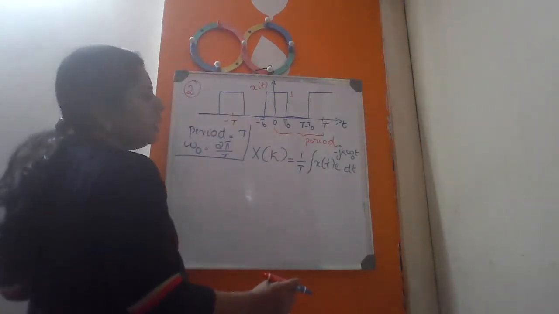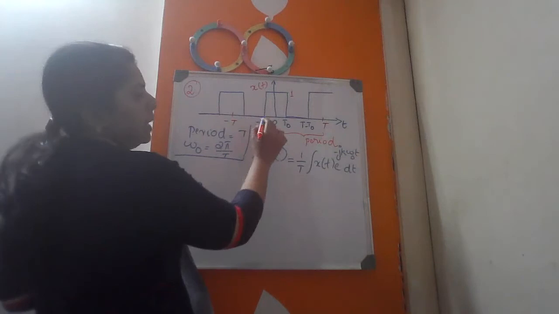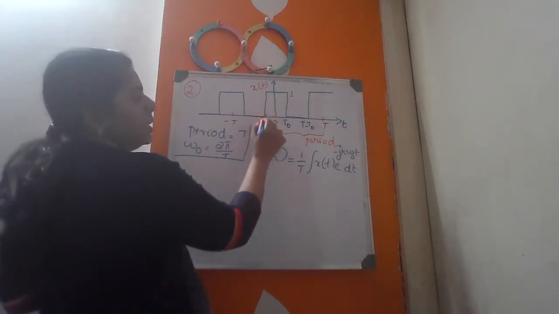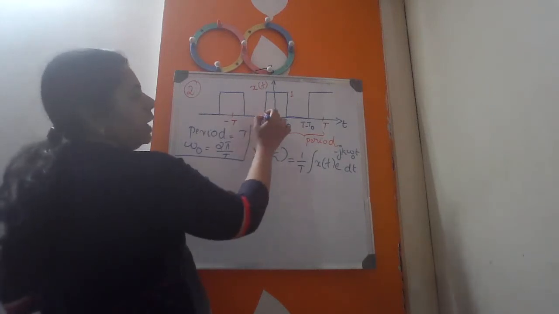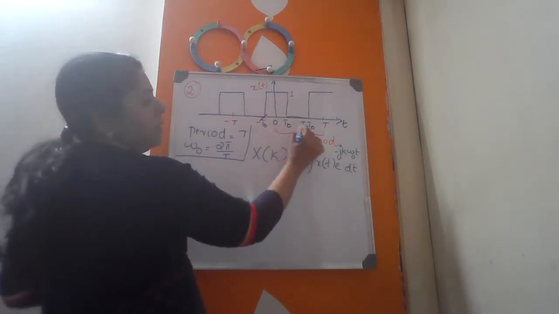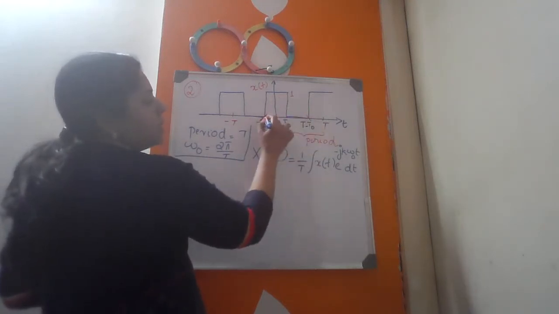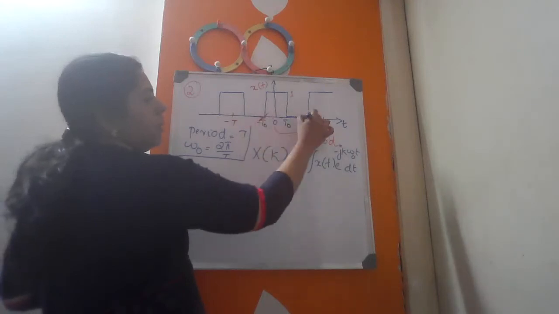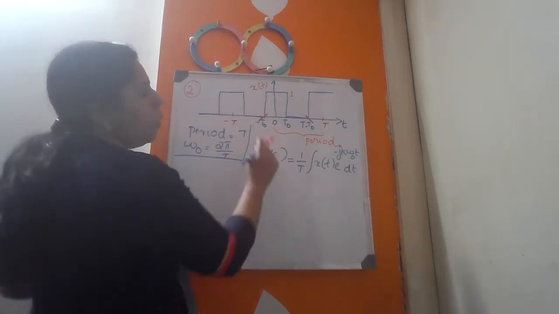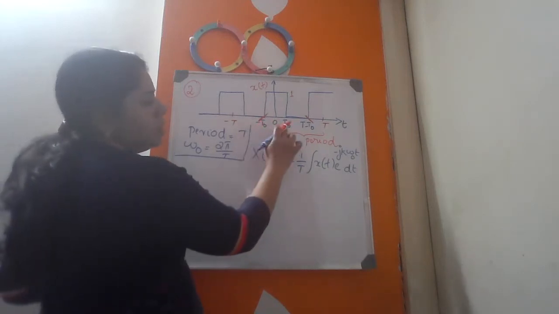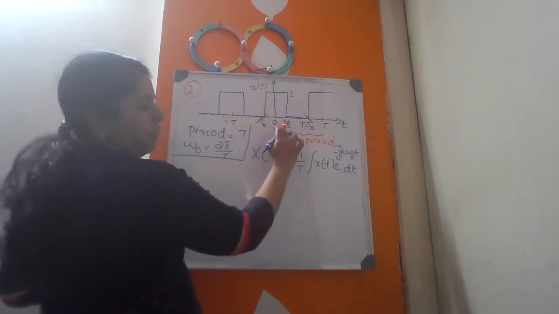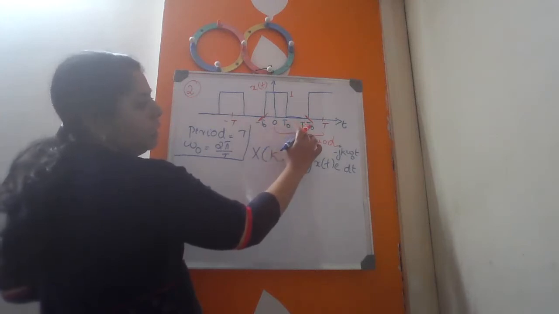You can see that if I take this point as the starting point, the signal starts at minus t naught, up to plus t naught the amplitude is 1, and in the remaining period the amplitude is 0. So if I assume this is the starting point and this is the ending point, I have two integration limits. One limit is from minus t naught to plus t naught. Another integration limit will be from t naught to T minus t naught.